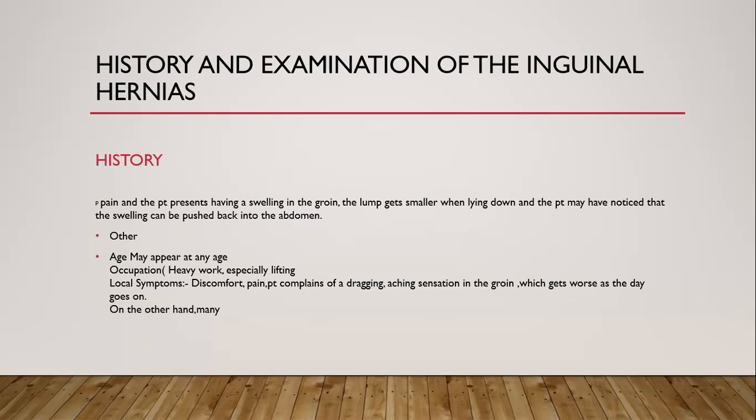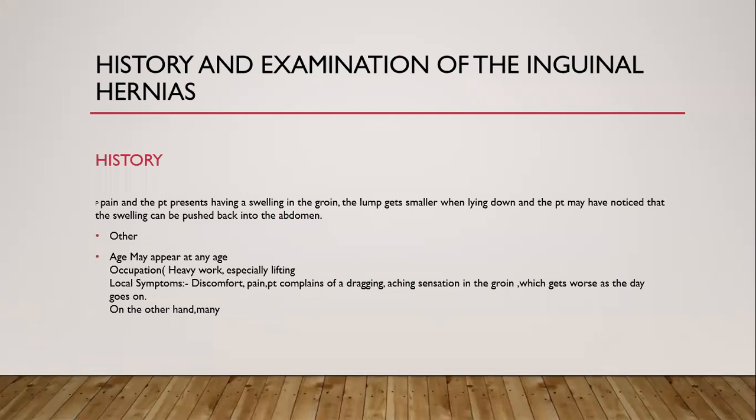The lump gets smaller when lying down, and the patient may have noticed that the swelling can be pushed back into the abdomen. Age is not a factor, meaning that a hernia can appear at any age. But remember, with the different types of hernias, this rule is not always true.